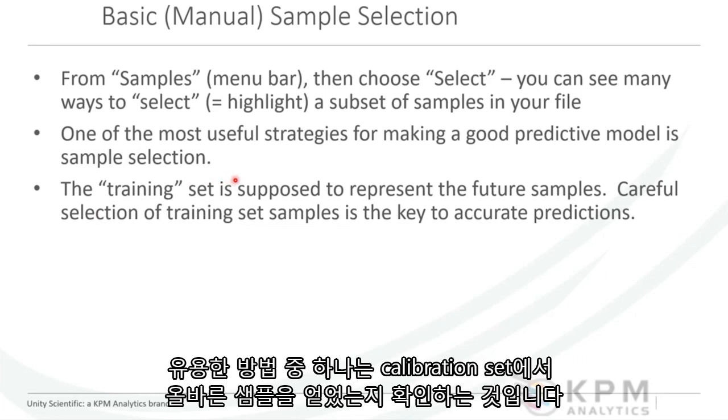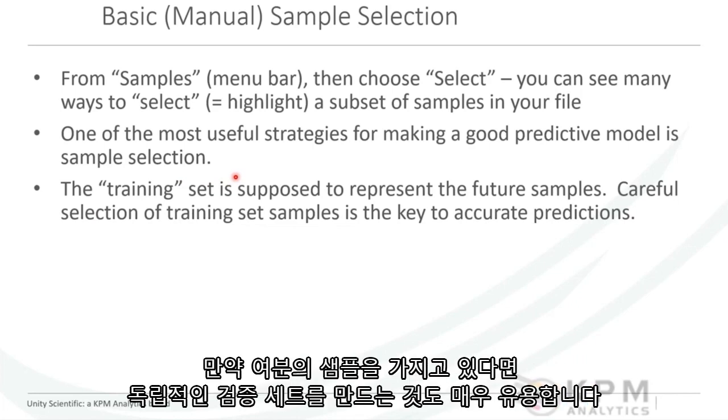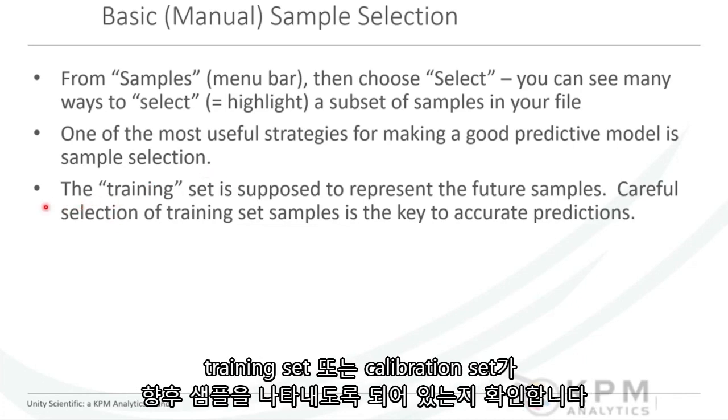One of the most useful strategies really is ensuring that you've got the right samples in your calibration set. And if you have the luxury of having extra samples, creating an independent validation set is also very useful. So the training set or the calibration set is supposed to represent future samples.